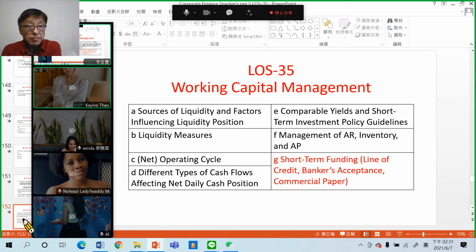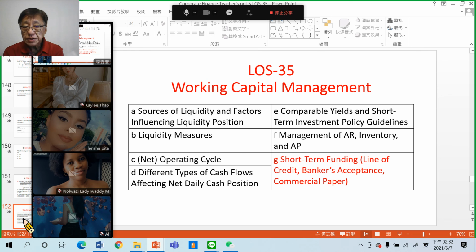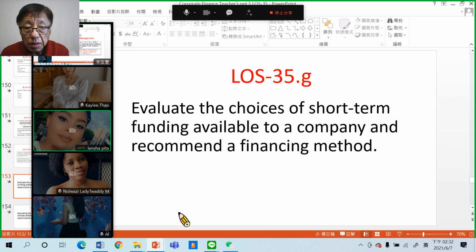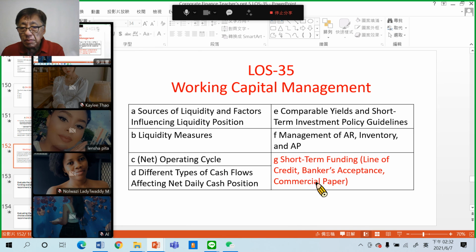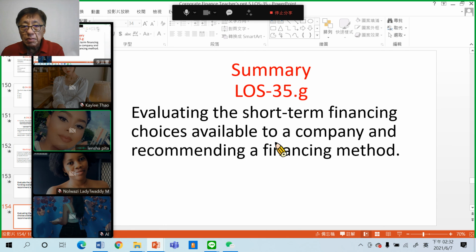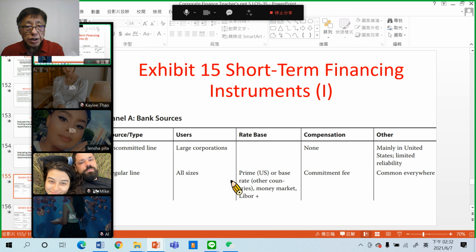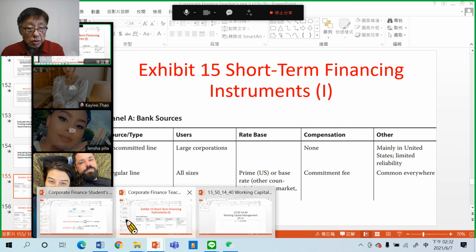Who's next? The next part is short-term funding, and it will be presented by Lensha. Okay, Lensha. Yes. Okay, the following slide, short-term funding. Can you hear me properly? Yes, I can hear you. Which page are you going to show?